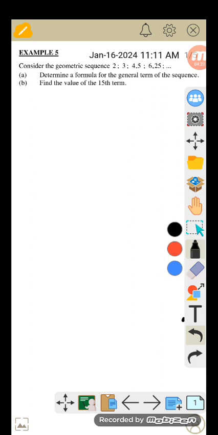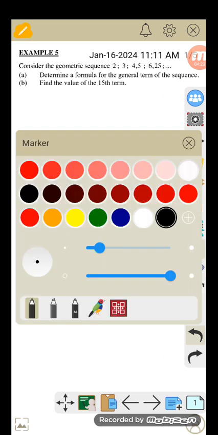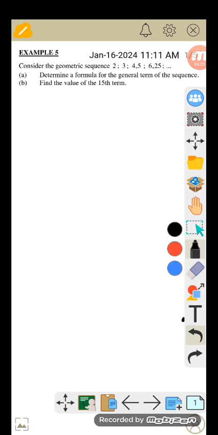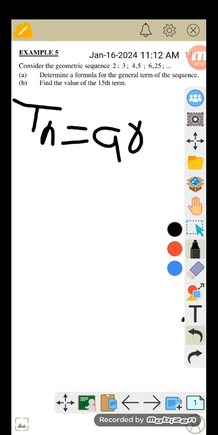As I was saying, in a geometric sequence, we have our general term like this. Our general term is Tn equals A into R to the n minus 1. You see?